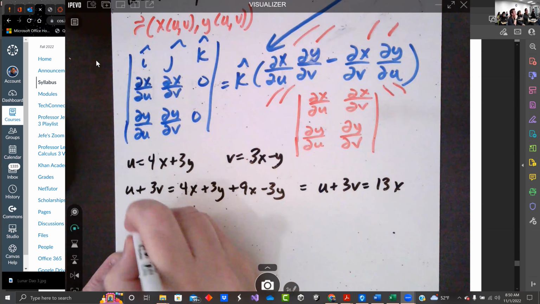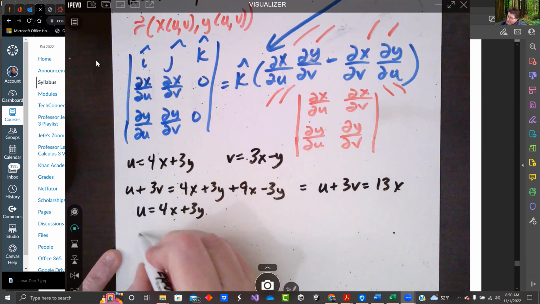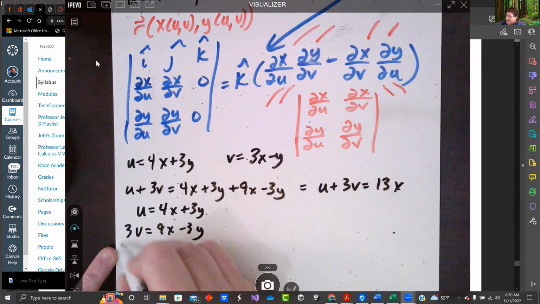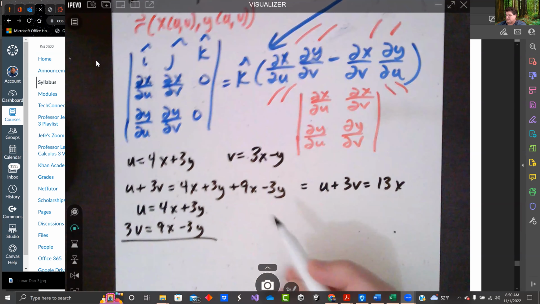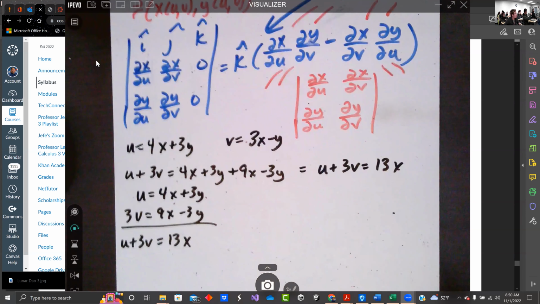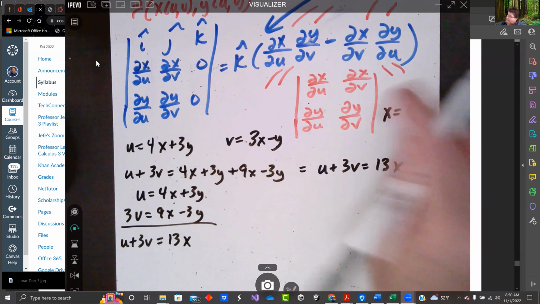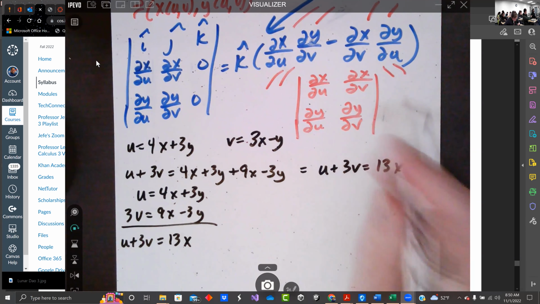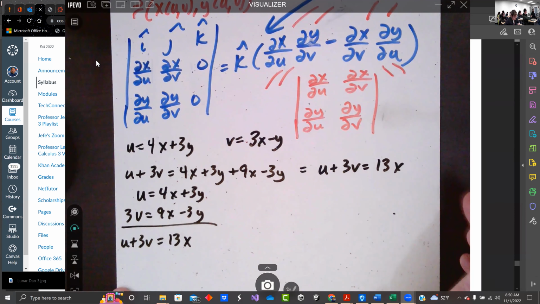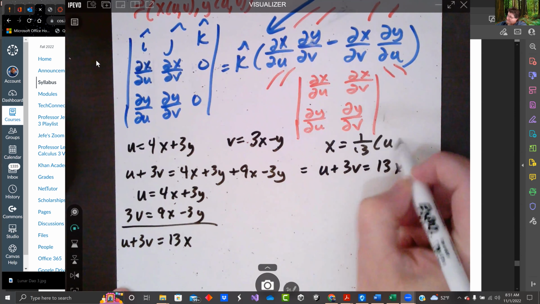I would have written it like this, and then added vertically. So x is 1 over 13 times u plus 3v.